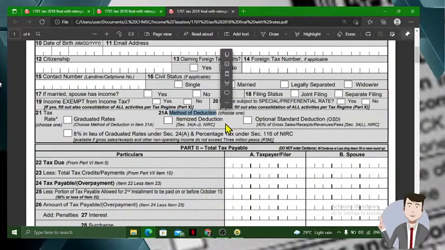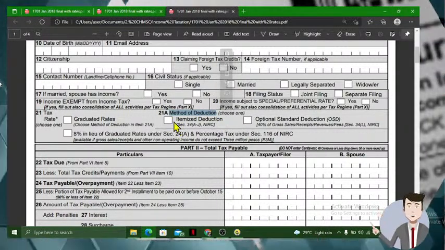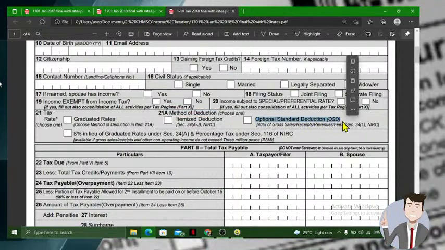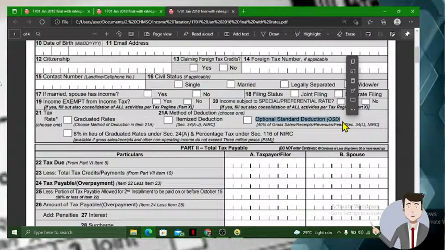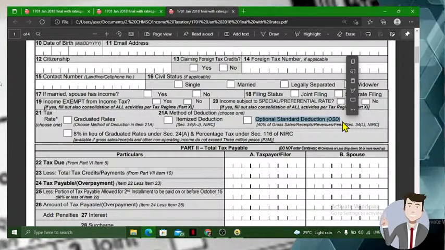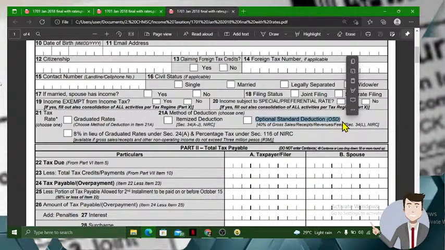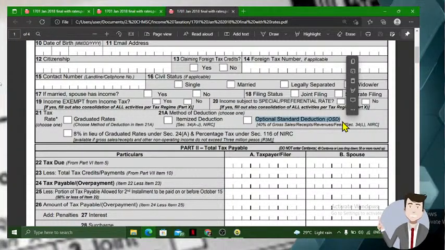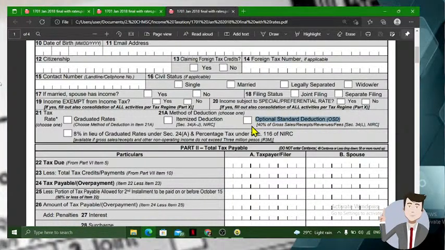So you can choose either itemized, or in lieu of itemized, we have the optional standard deduction. Okay, so the important thing to remember is that on the first quarter filing of your 1701Q, that is the time that you have to indicate your selected method of deduction.